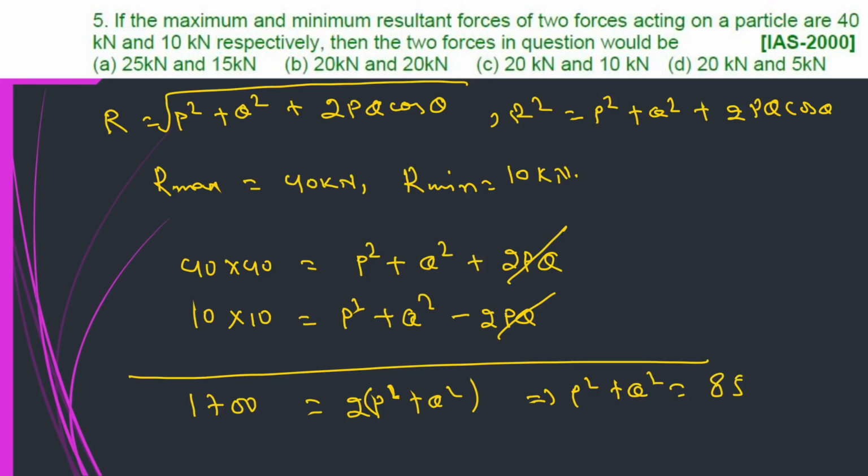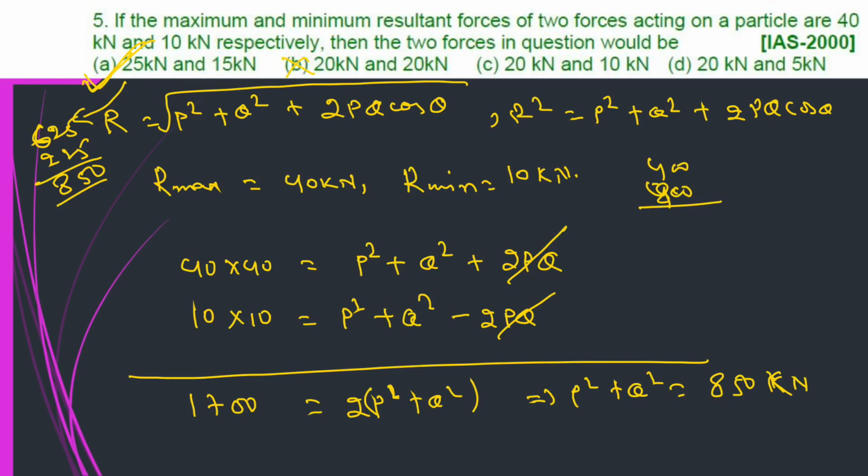is 850 kilonewton. Then from the options we have to check. 25 square is 625, 15 square is 225, you will get 850. So A is your answer. You can cross check the others also. B, it's 400 plus 400, so B is not possible.